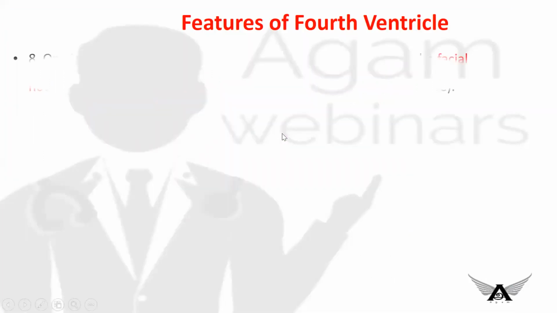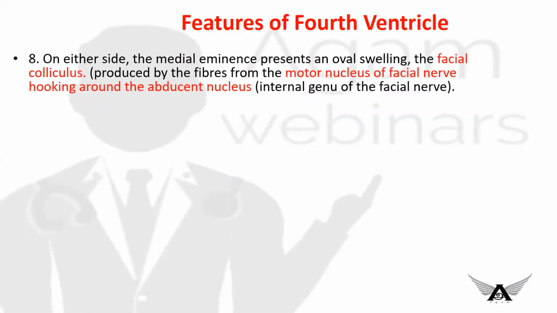On either side of the median sulcus, you will have an eminence called the facial colliculus. A colliculus is just a group of nerve fibers. It is formed by the fibers from the motor nucleus of the facial nerve hooking around the abducent nucleus. So I'll show you this.